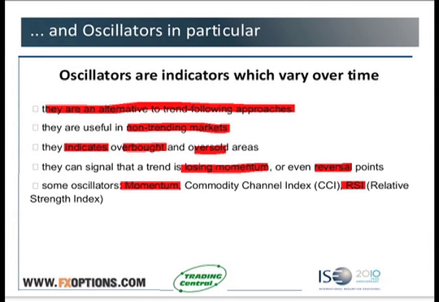It measures the velocity of price changes. It is calculated by subtracting the price of 10 days ago from the last price. So you can see if it is above zero or below zero, if the price and its momentum is accelerating or not.